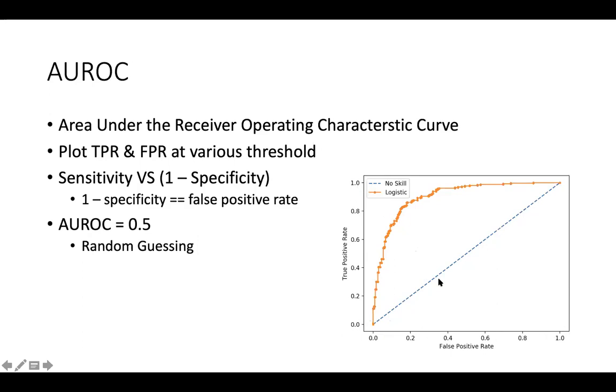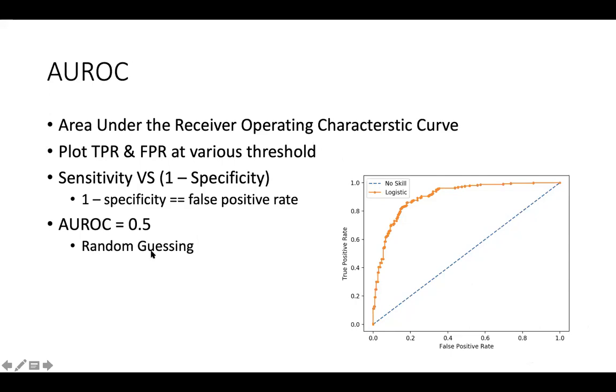We're assuming the range of the y-axis is 0 to 1, and the range of the x-axis is also 0 to 1, so the total area is 1 times 1, which is 1. If you halve it, it becomes 0.5. So if you obtain a 0.5 or 50% AURC, that means it's random guessing.